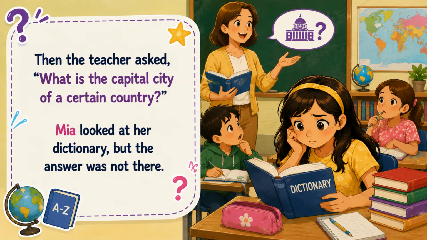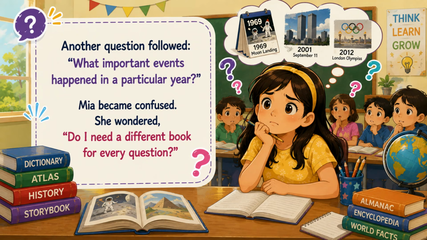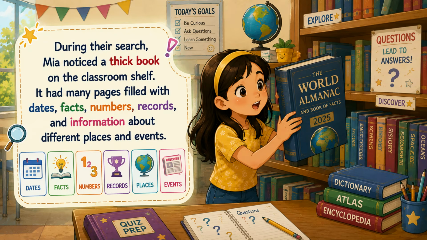Then the teacher asked, "What is the capital city of a certain country?" Mia looked at her dictionary, but the answer was not there. Another question followed. "What important events happened in a particular year?" Mia became confused. She wondered, "Do I need a different book for every question?"